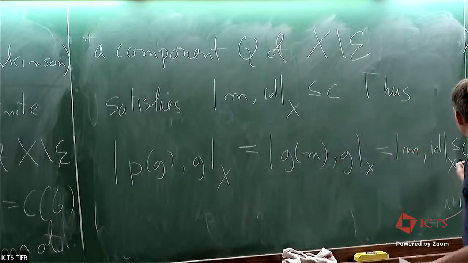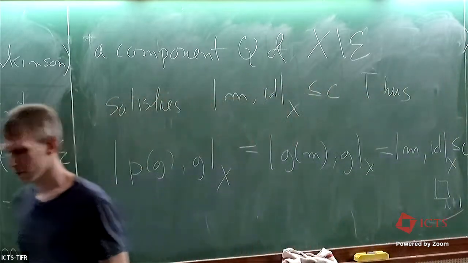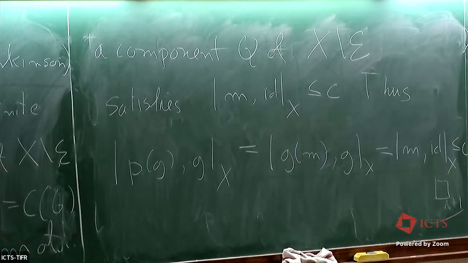So this is smaller than C. So this proves theorem 2. So at this moment, up to the proof of the parallel wall theorem and up to the proof of the bipodality, you have a complete proof of the fellow traveler property. And what remains is to prove that the language is regular.